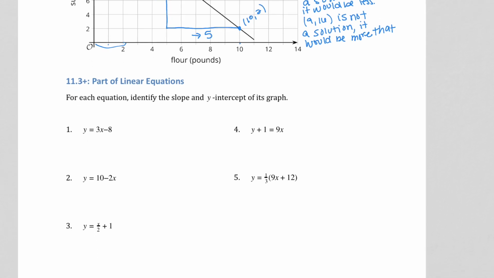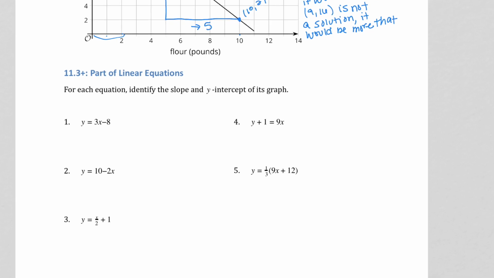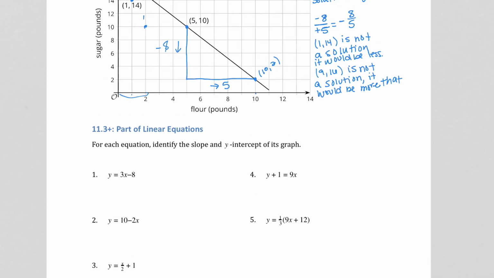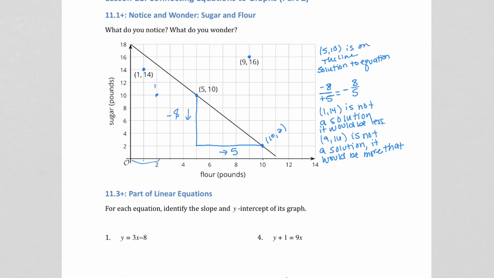That's right. Okay, part of linear equations. For each equation, identify the slope and y-intercept of its graph. So let's look back up here at this one. We already did our slope. What's our y-intercept?